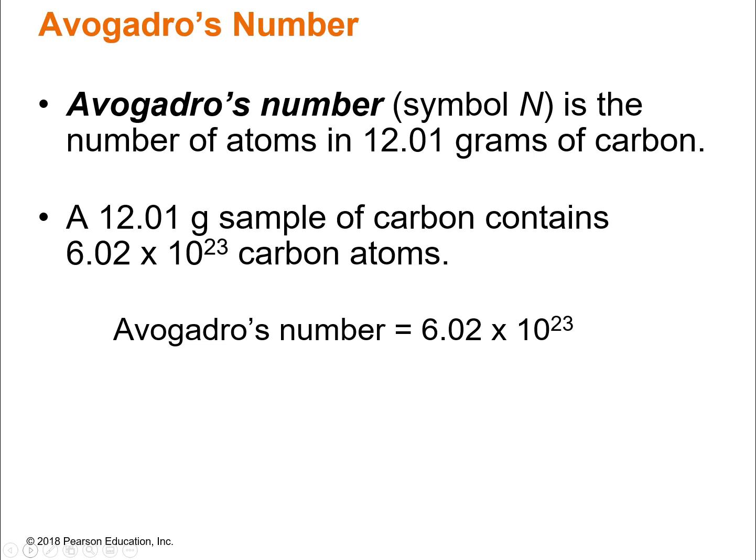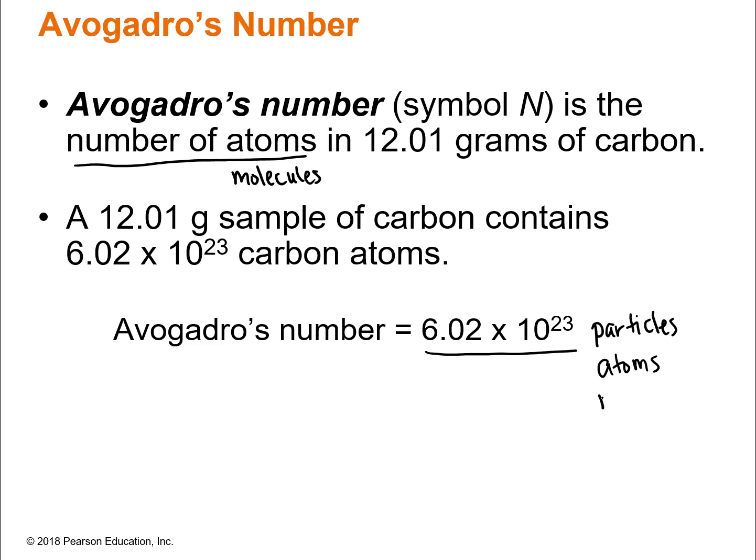So Avogadro's number is simply the number of atoms or molecules in 1 mole of something. So Avogadro's number is 6.02 times 10 to the 23rd. And again, you might see that as particles, atoms, or molecules.